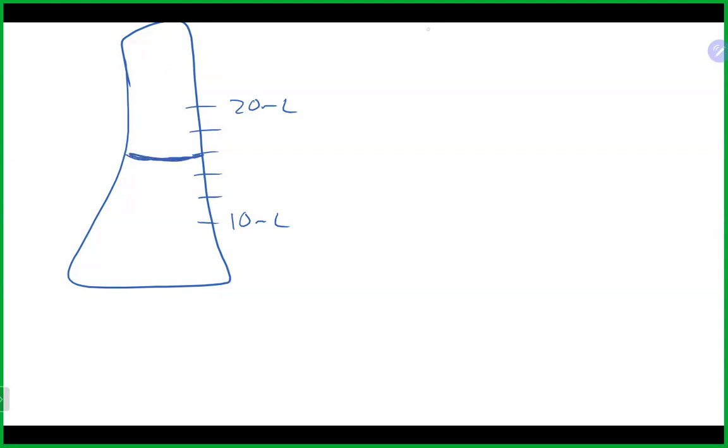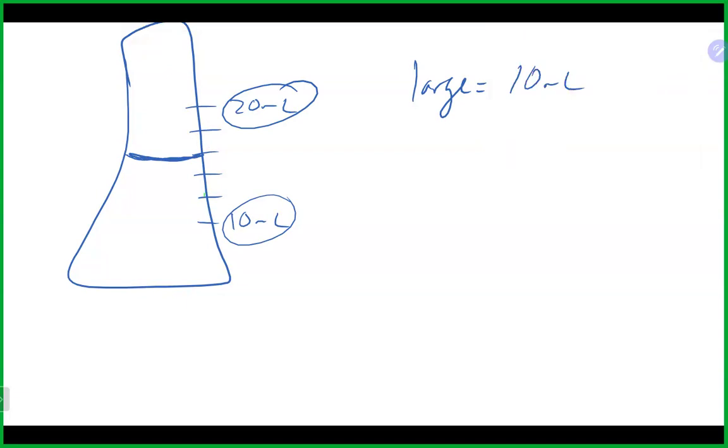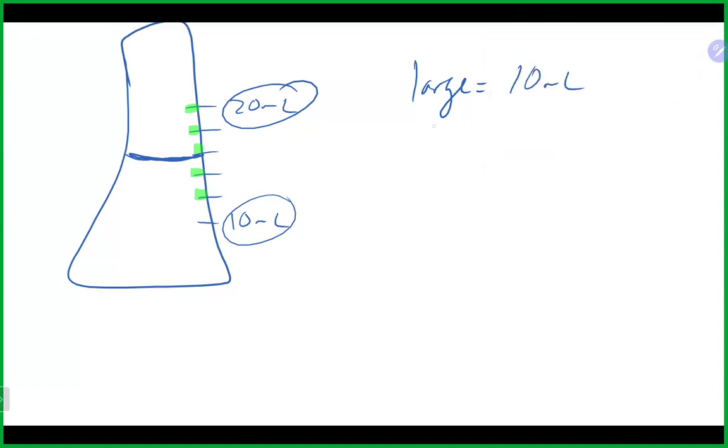All right, so in this case, my large markings would represent 10 and 20, still 10 milliliters. If I take a look at what I got going on between, I got 1, 2, 3, 4, and 5 in this case.